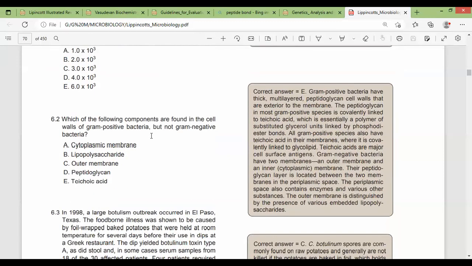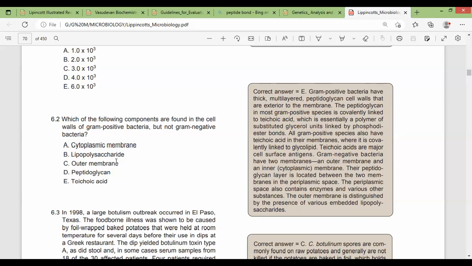Then in this question, which components are found in the cell wall of gram-positive but not gram-negative organisms? We skipped this part, but because this is a common question, let's go back to it: teichoic acid, lipoteichoic acid.